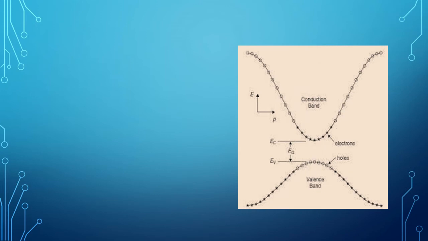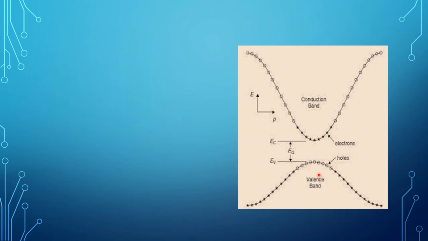Similarly, for the Kronig-Penney model E-K diagram, this is the valence band. In the previous slide we talked about the conduction band. If we consider the valence band, the density of quantum states in the valence band can be found by using the same model. We consider holes in the semiconductor crystal as free particles.